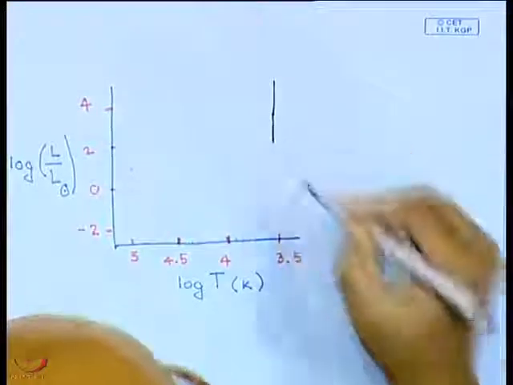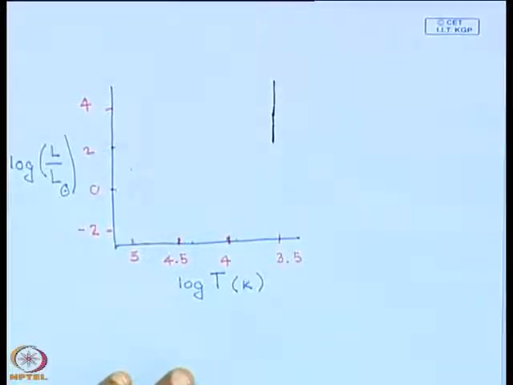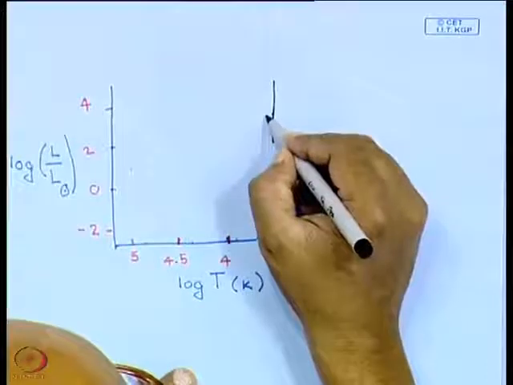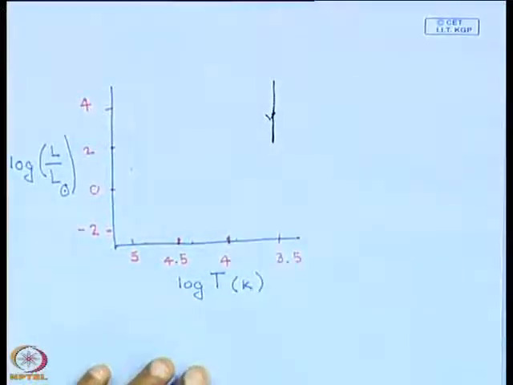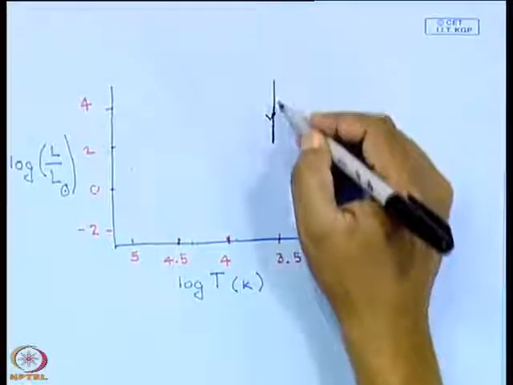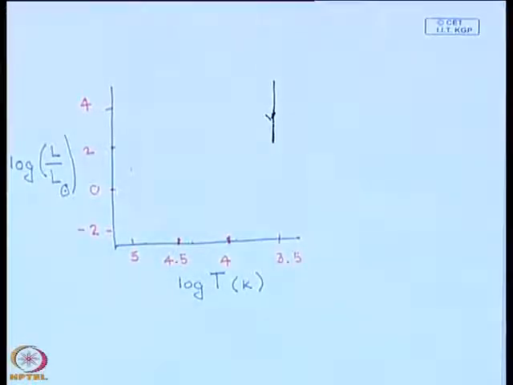A gas cloud which is forming a star, as it collapses, will go down at a constant temperature. That is the surface that you are looking at. The interior temperature may be higher. So in the HR diagram we plot the surface temperature, the effective temperature. So the Hayashi track is going to come like this, straight down.